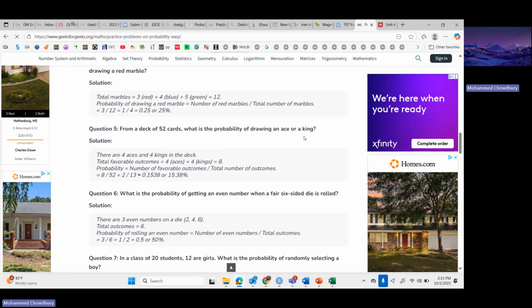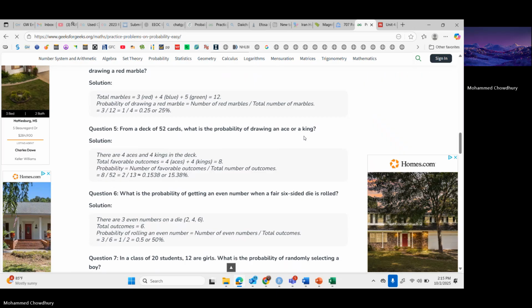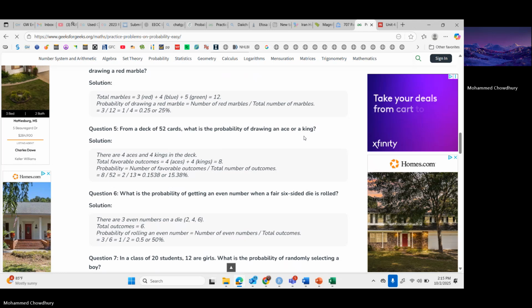I want to draw a card so that it could be heart. 13 over 52. Okay. So I want to draw a card which is ace or king. So there are 4 aces, 4 kings, 8.